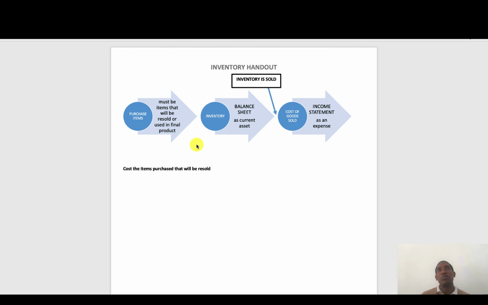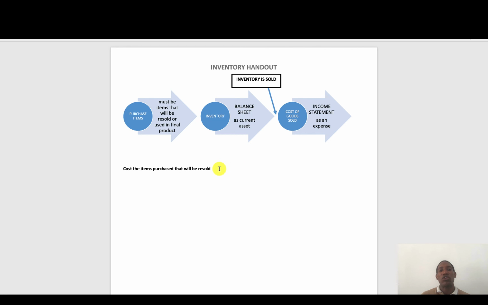But when Walmart buys pens and pencils and then sells them, that's what makes it inventory. So inventory is items that you buy with the intention to be resold. At first, when you purchase them, they land on the balance sheet, and once they're sold, they go as an expense on the income statement in the line item called cost of goods sold.